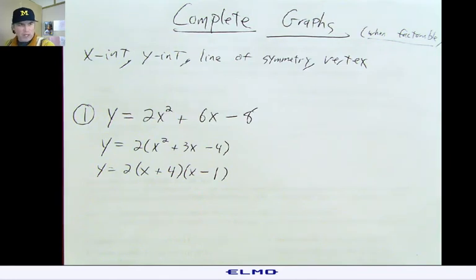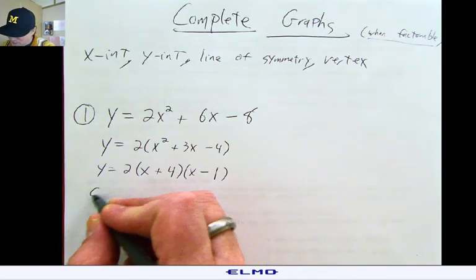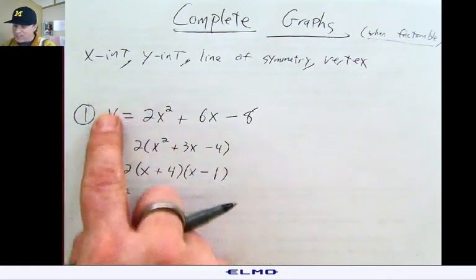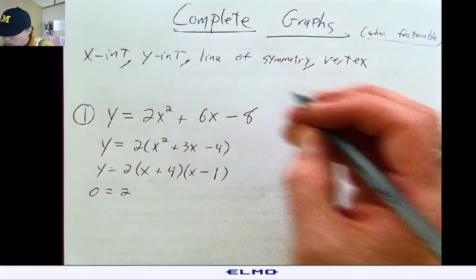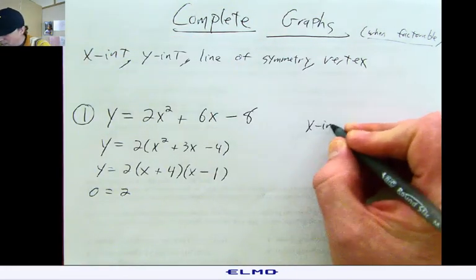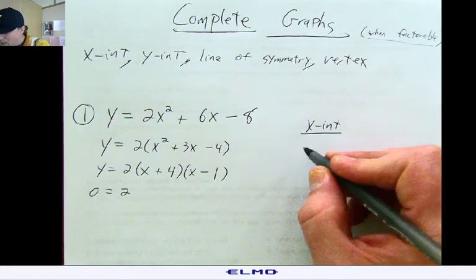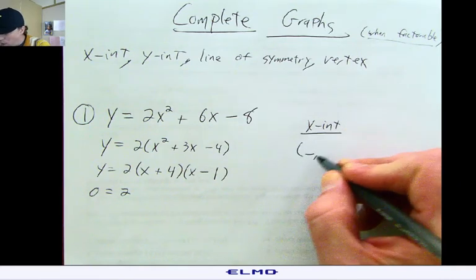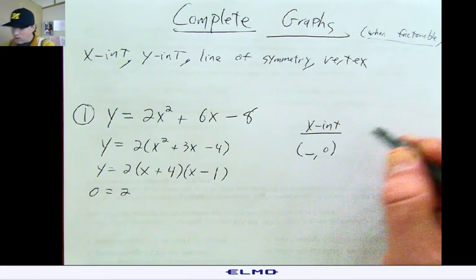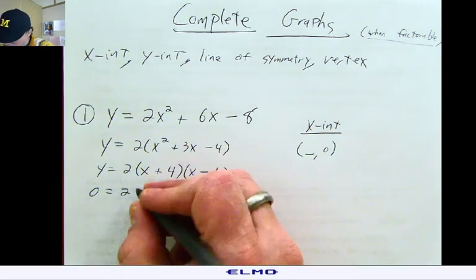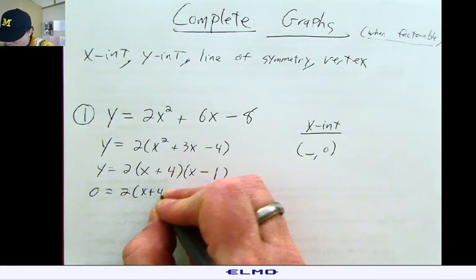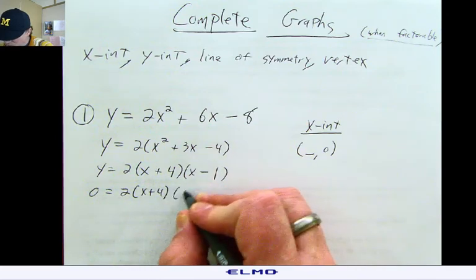Then, like we were talking about in class today, the x-intercepts are the x-coordinates when y is 0. So we set y equal to 0, and I have 0 equals 2 times (x plus 4) times (x minus 1).